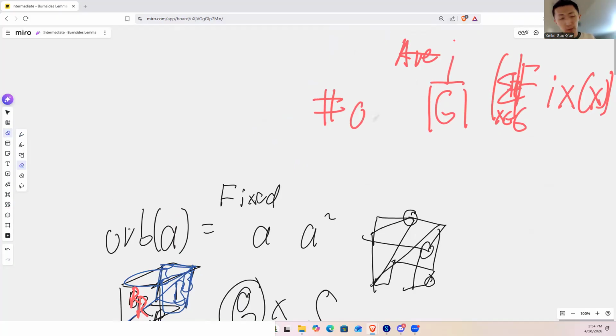Here the orbits are how many distinct cubes there are.